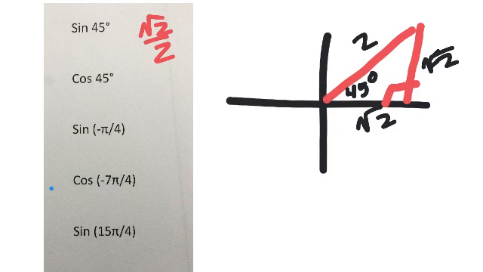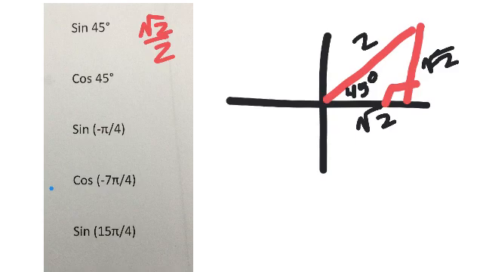Now the next one, cosine of 45. So that's actually the exact same rotation, so there's no need for me to draw another triangle. I've rotated 45 degrees, and I've got the same special right triangle. It's a 45, 45, 90. Now the difference is cosine is the adjacent over the hypotenuse. Well, for a 45, 45, 90, the adjacent side is also radical 2 over the hypotenuse, which is 2.